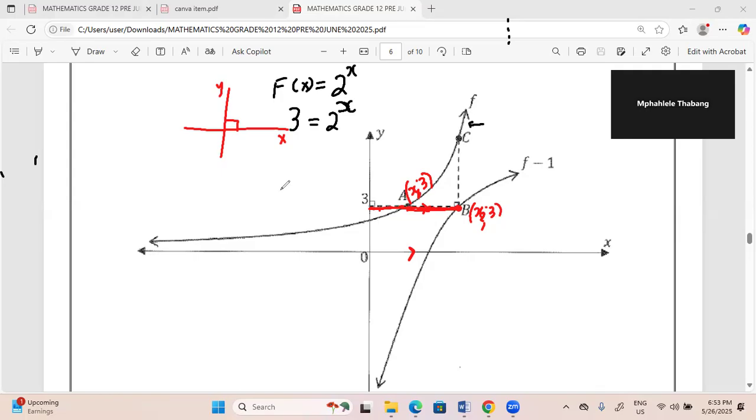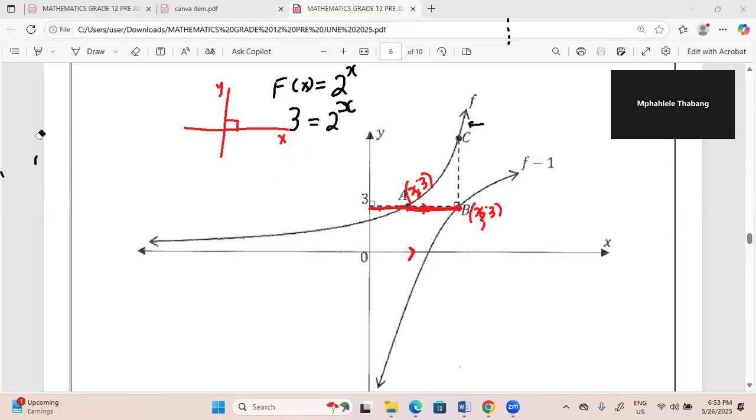Now I have to solve for x by making x the subject of the formula by involving log. Okay, let me just keep it this way.